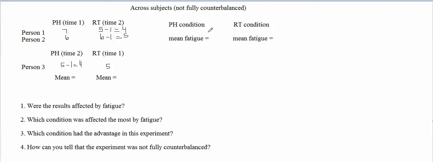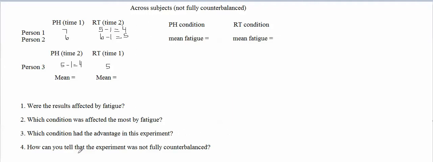So you would take the condition that has the lowest fatigue average and say that that one had the advantage in the taste test. But if they're equal to each other, if the fatigue averages are equal, this answer would be neither condition had an advantage.